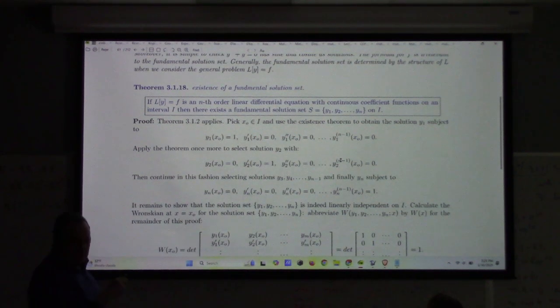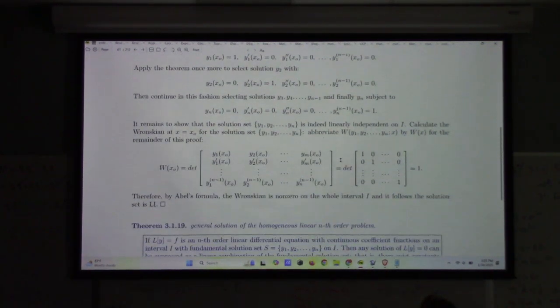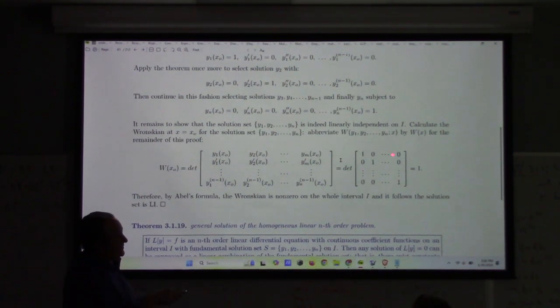Then my next solution, I fit to the initial conditions: the position's 0, but the velocity's 1, and so forth. And I just keep doing this. The reason I do this is I choose n solutions so that when I calculate the Wronskian of them, I just get a matrix which is super nice to calculate, namely the identity matrix. The determinant of the identity matrix is just 1.